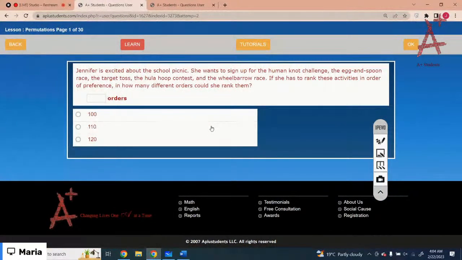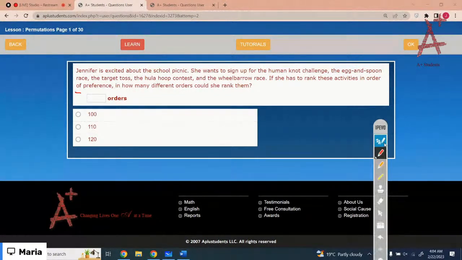Listen to me carefully. Let me read the question. Jennifer is excited about the school picnic. She wants to sign up for the human knot challenge, the egg spoon race, the target toss, the hula hoop contest, and the wheelbarrow race. If she has to rank these activities in order of preference, in how many different orders could she rank them?